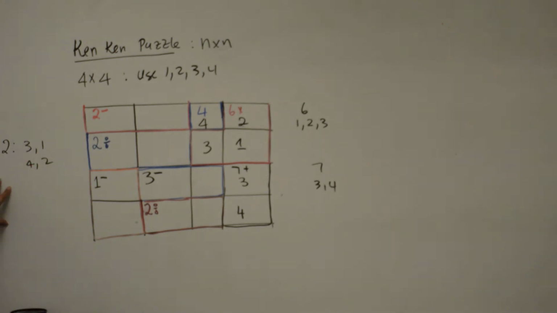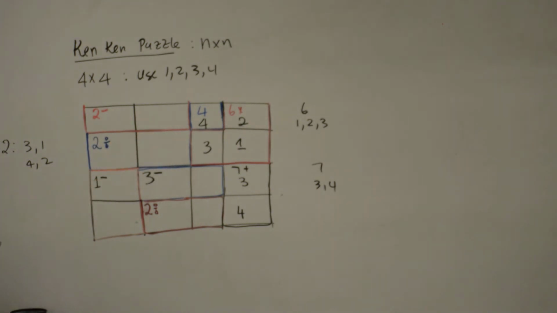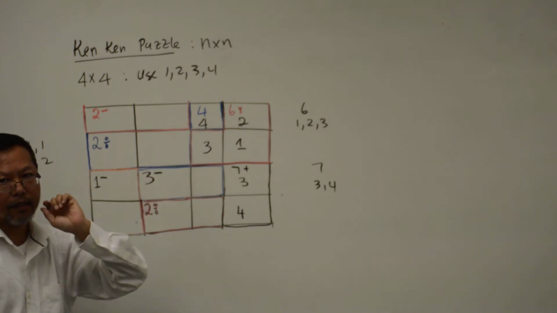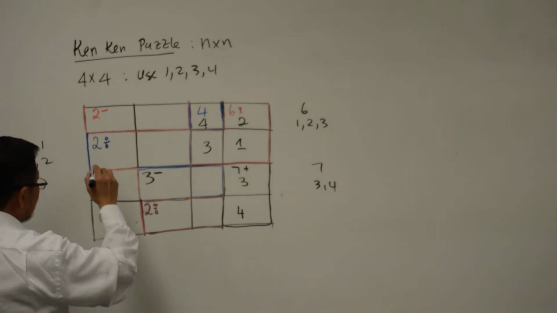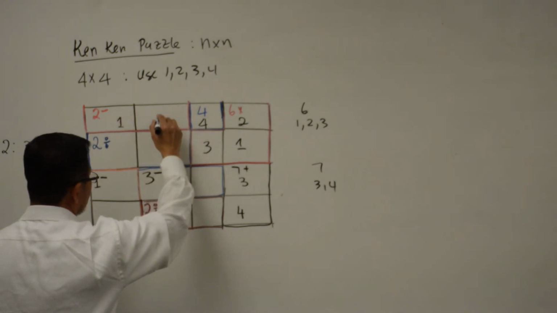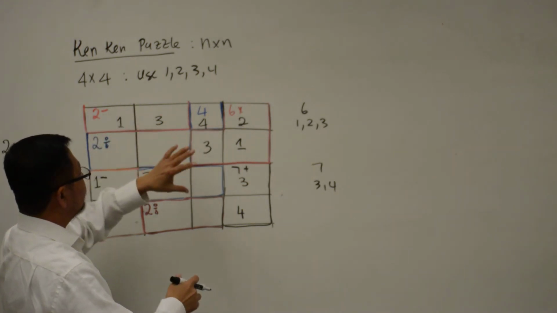But you cannot use 4 and 2 because you have 4 and 2 here already. So I can use 1 or 3 here to give 2, right? So that means 1, 2, 3 is not repeating here. Okay?